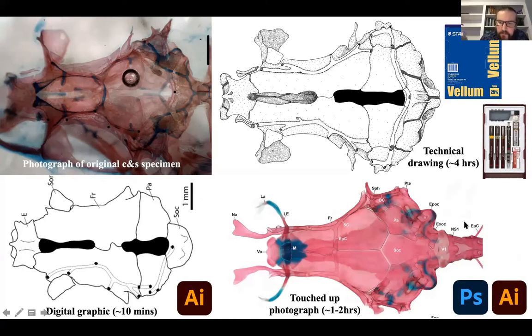This particular figure took around 1 to 2 hours to produce. And the good thing about this is that you can go back and modify it, and you can add lines around the different bones to highlight certain parts. So there's many different ways to produce a scientific illustration, of course, and these are just some methods that you might want to use.